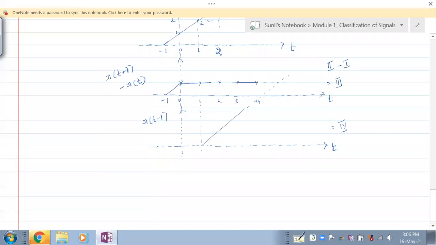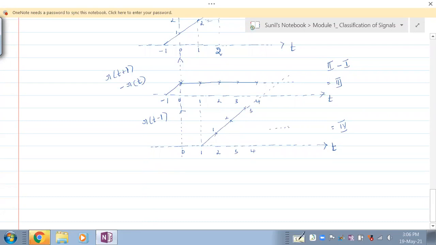This signal is 0 at 0, at 1 also it is 0, at 2 it is 1, at 3 it is 2, at 4 it is 3. So this is how the signal r of t minus 1 looks.